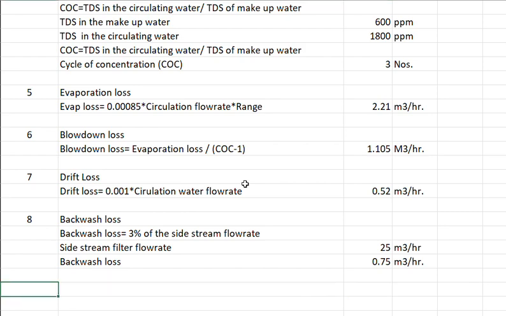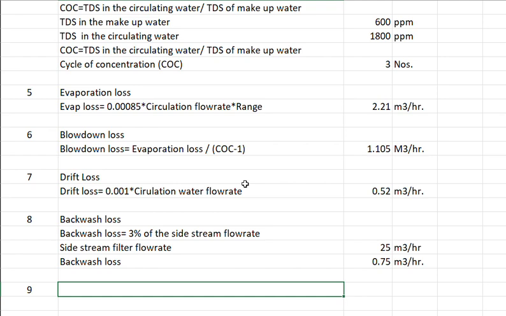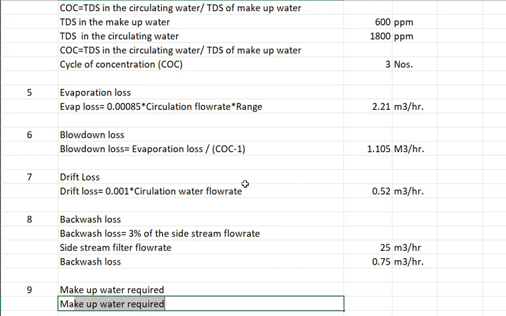So now you have to decide the actual quantity of makeup water required. Makeup water required is basically the sum of evaporation loss plus blowdown loss, then the drift loss and the backwash loss.